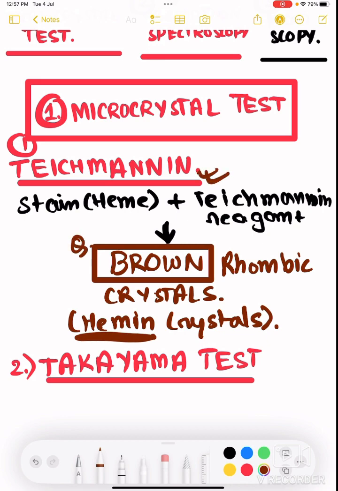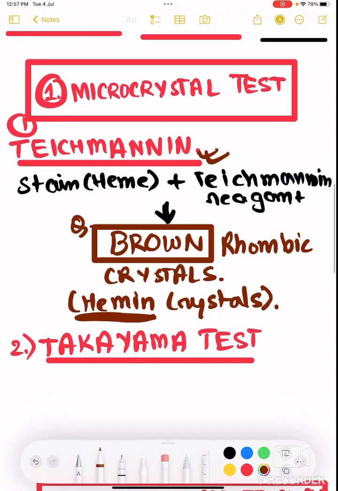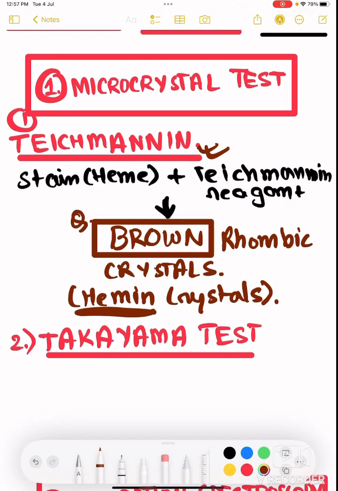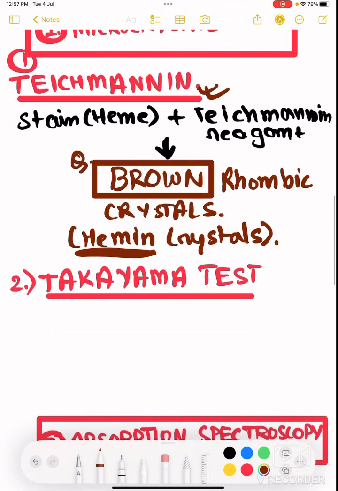In the question you will be asked that a test was done and brown rhombic crystals were seen, and they will ask which of the following tests was actually done. They will give you options like Teichmann test, Takayama test, luminol test, and for example, fluorine test, right? First of all, you will be able to eliminate the last two options, and you will come down to Teichmann and Takayama. Then you will get confused whether it was Teichmann or Takayama. So you have to remember that Teichmann is brown rhombic crystals. And what about Takayama?